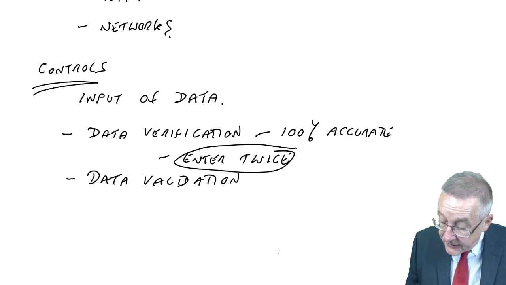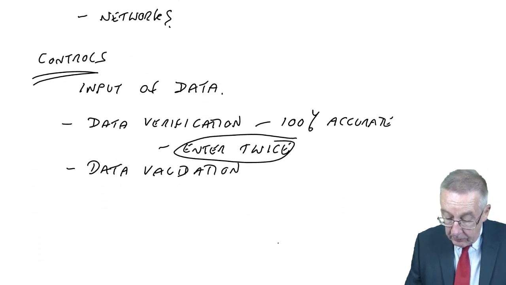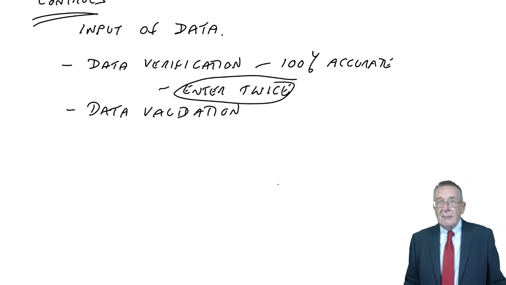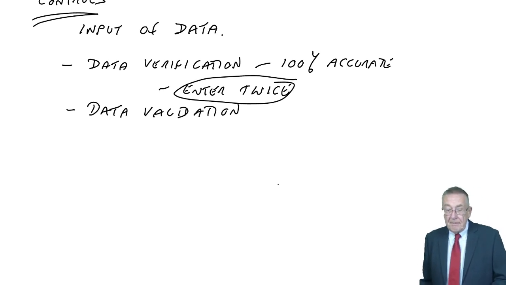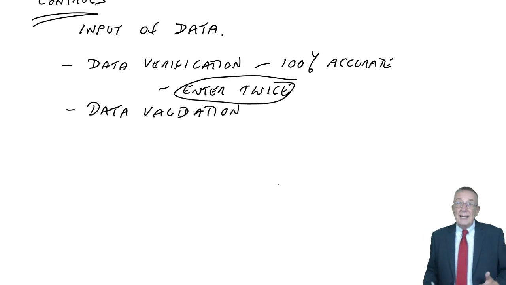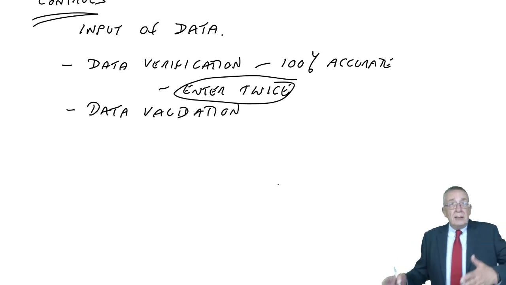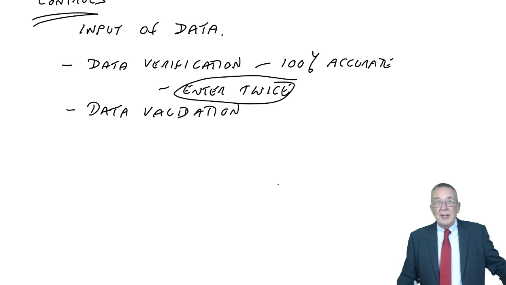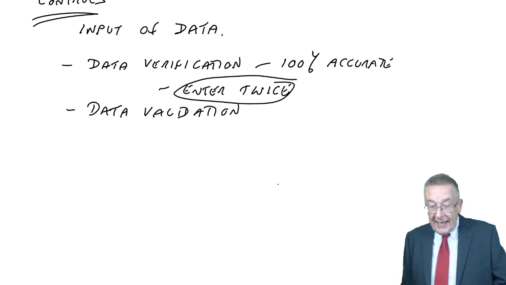Now, as I've said, that is going to be rather expensive, both in terms of time, wages, whatever, which is why much more effort needs to be spent on what we call data validation. Checks that we build into the software. When the software is designed, we put as many checks as we can.